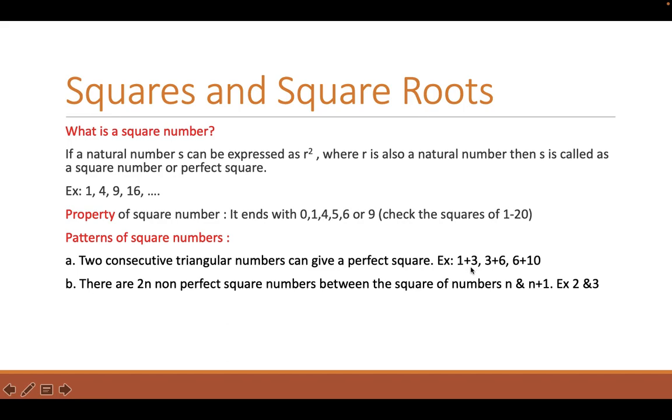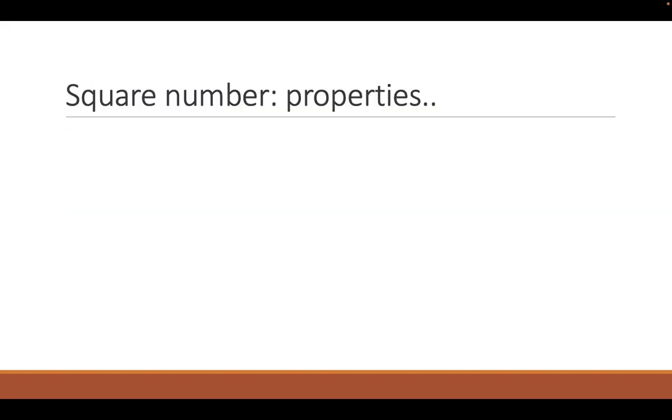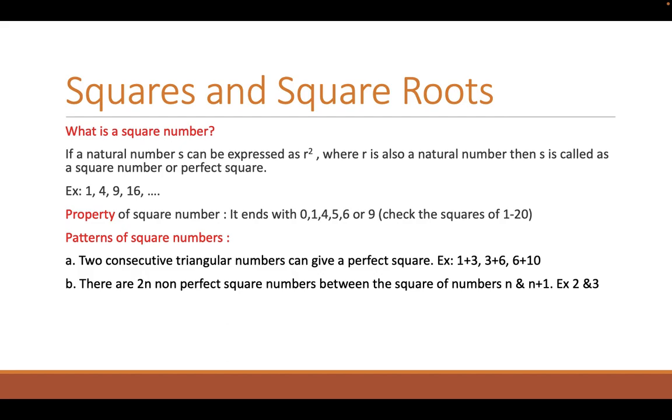So 1 and 3 are two consecutive triangular numbers, which if you sum them, becomes 4. So that's a perfect square. What is a triangular number? That picture is also given in the book. Let me see if it is there here. It doesn't look like the picture is here, but it's there in the book.